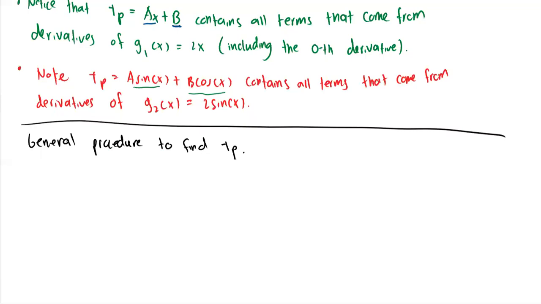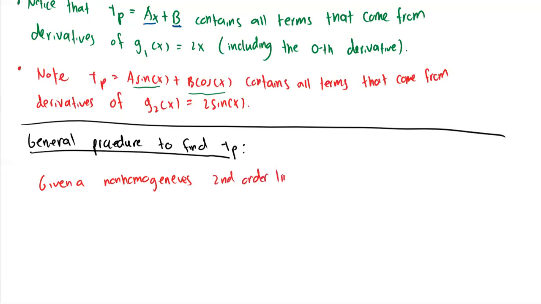Okay. So let's start. So of course we start with a non-homogeneous ODE. So given a non-homogeneous second order linear ODE, right?